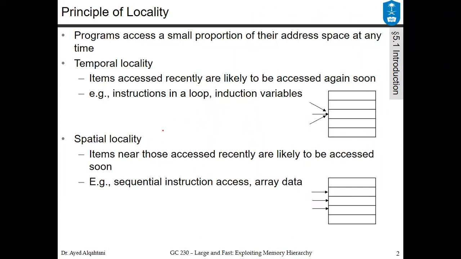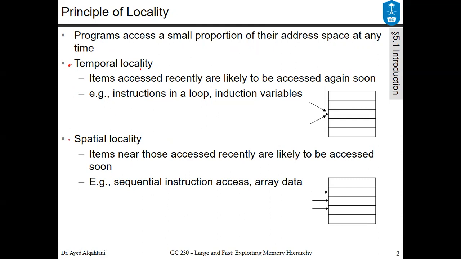At the beginning, we will introduce the principle of locality. Programs access a small proportion of their address space at any time. And we have two types of localities, the temporal locality and the spatial locality.